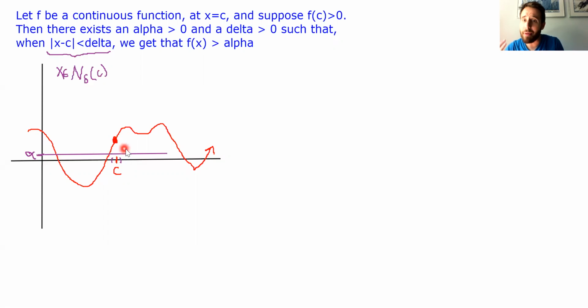And intuitively, based on this picture, this seems like it will be the case. If f of c is positive, then there has to be at least a little wiggle room around here where my function stays quite positive, positive enough to be above alpha.